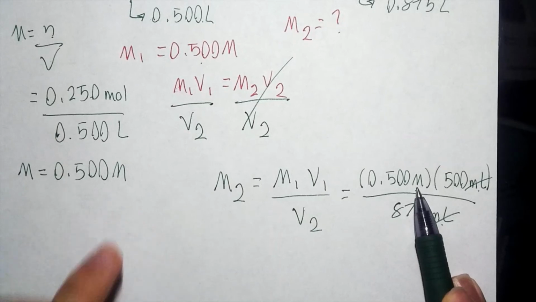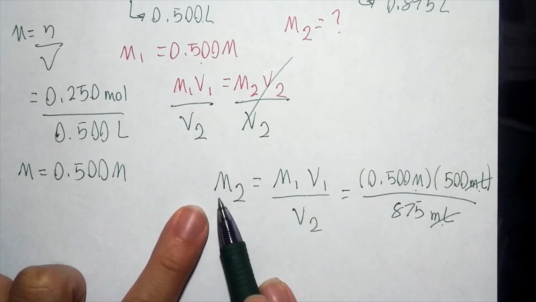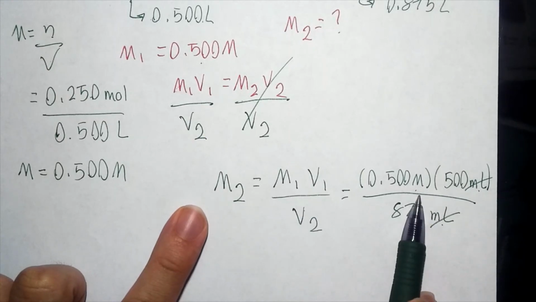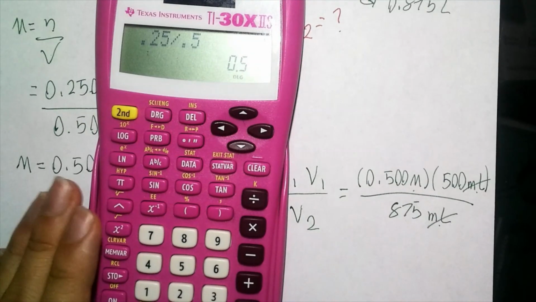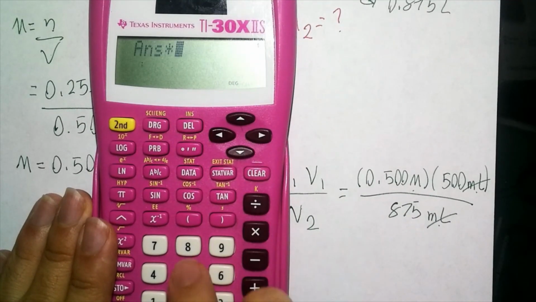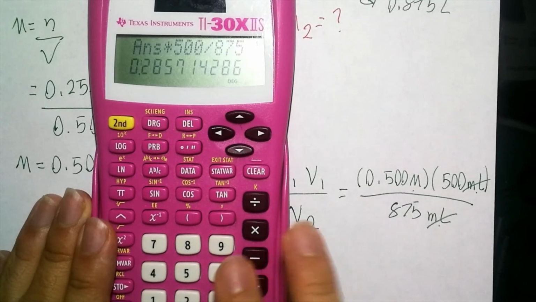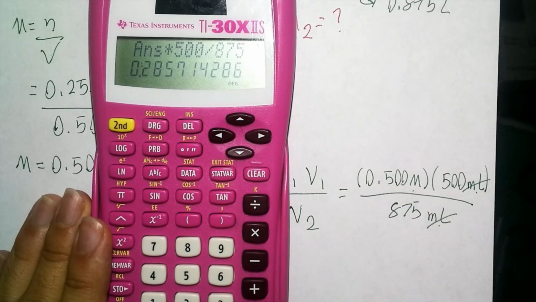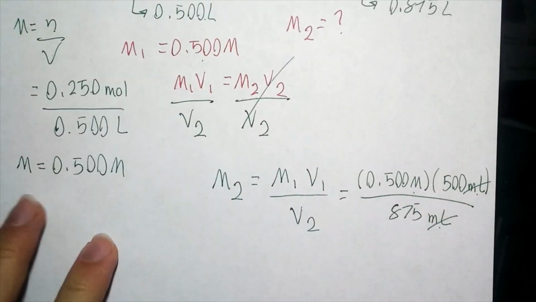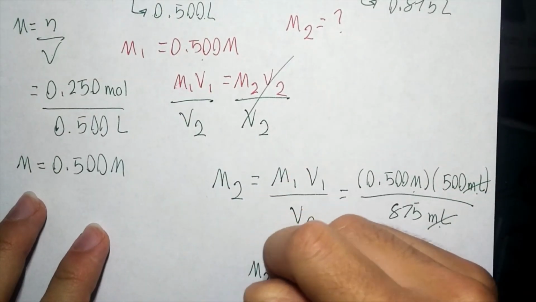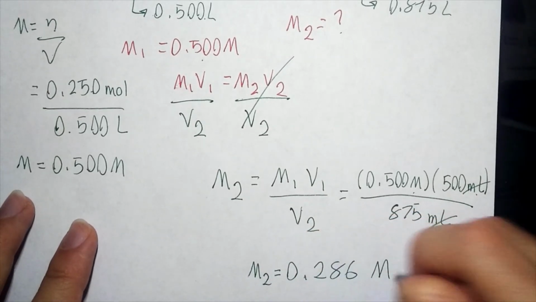Does this make sense? Well, let's look and see what unit we're looking for. We're looking for concentration. Molarity is a unit for concentration, so this does make sense. Cool. Now we just got to calculate it. So it's going to be 0.5 times 500 divided by 875. And so the final answer is we have a concentration of 0.286 molar.